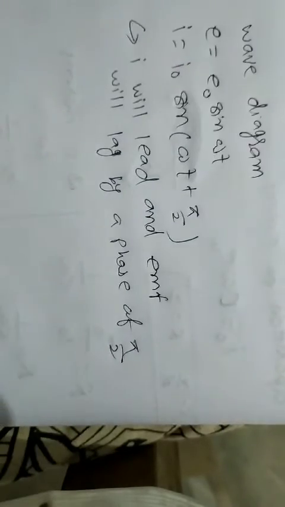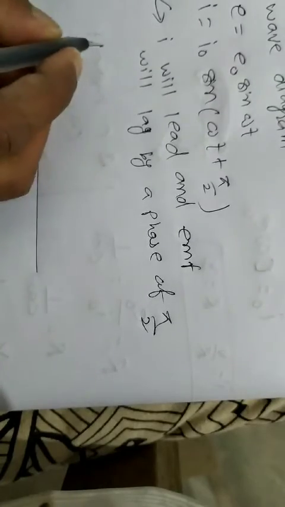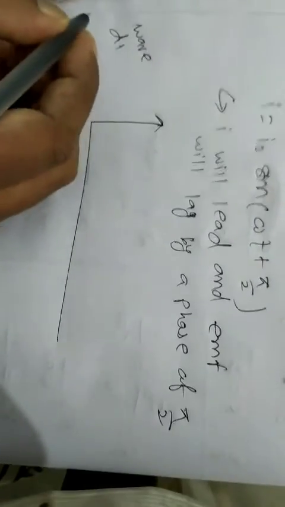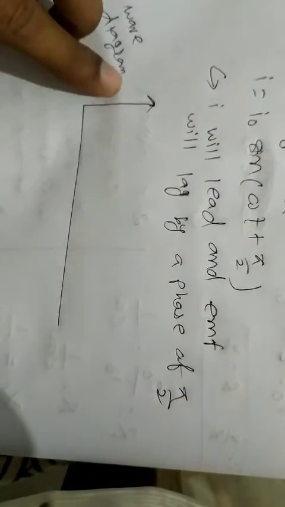So which thing will lead? Current will lead and EMF will lag. If I make the wave diagram, in this wave diagram current will lead. Those things which lead, their peak we have to make first. Here who is leading?